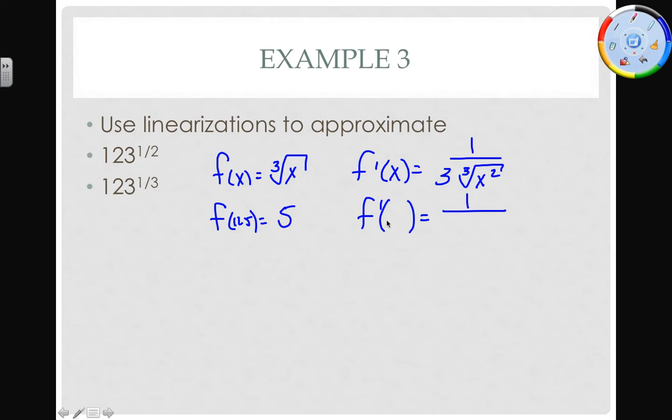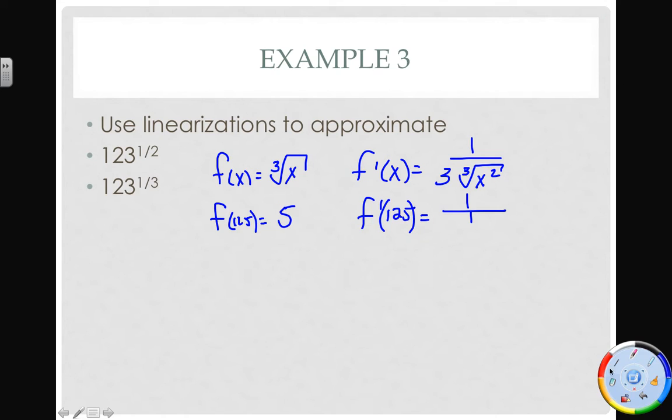All right, 1 over 3 times the cube root of 125 squared. All right, cube root of 125 squared. Now, you can just take the cube root of 125, which is 5, and then you can square it, which is 25, and you can multiply by 3, which is 75.